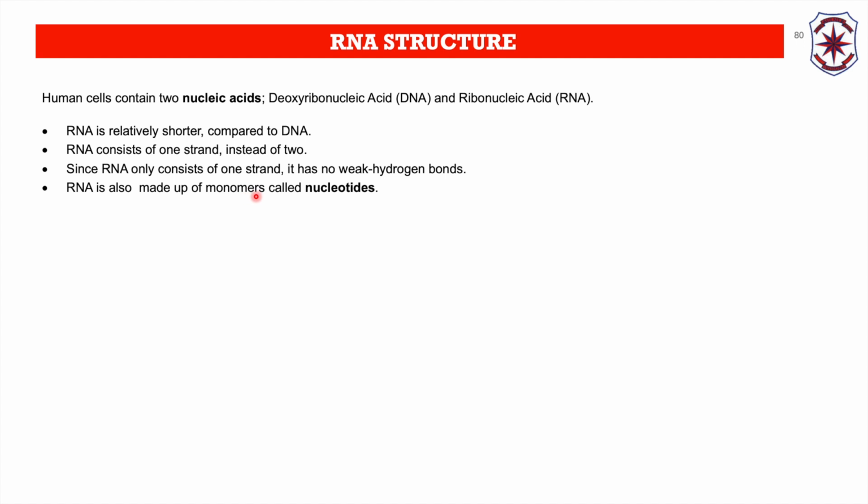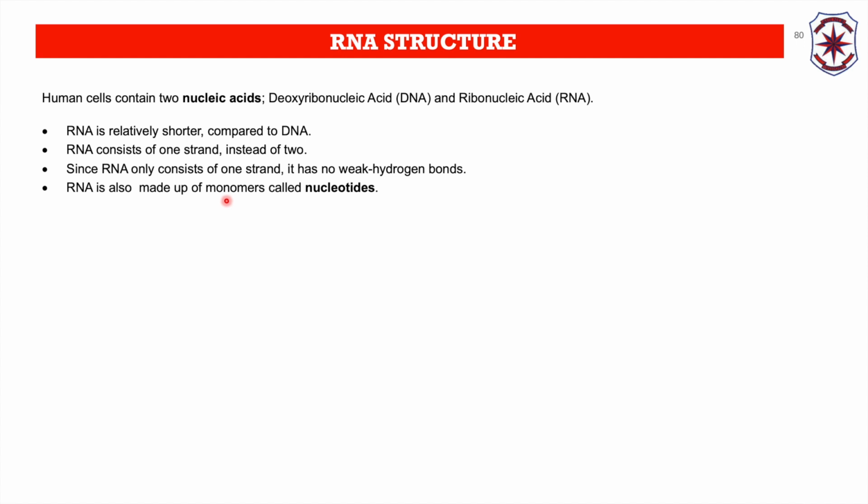RNA is also made up of monomers. Remember, the word monomer means building block. Remember, like we said, large molecules within the cell do not come as complete, as large as they are. They need to be built up to be large.